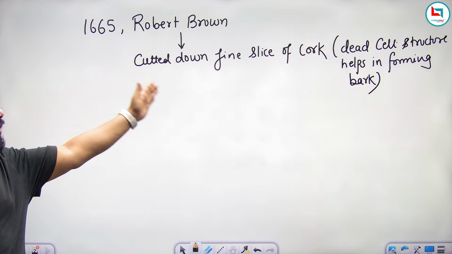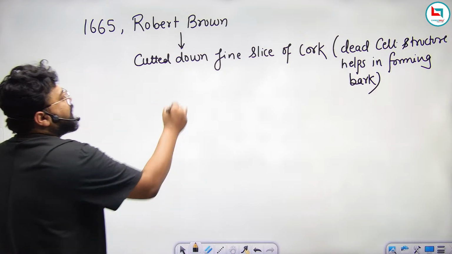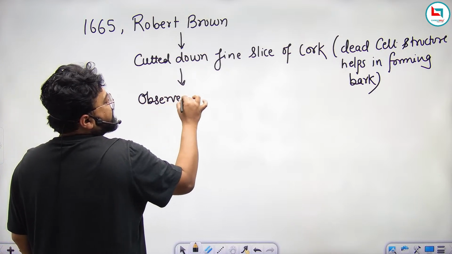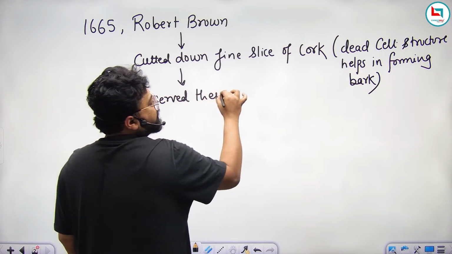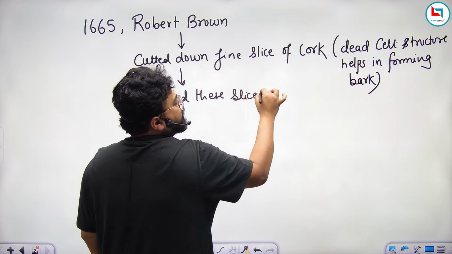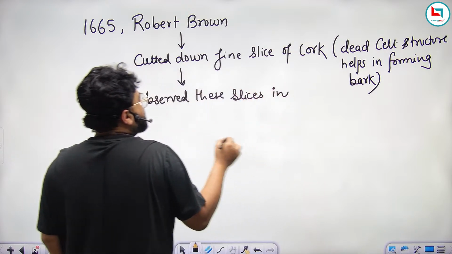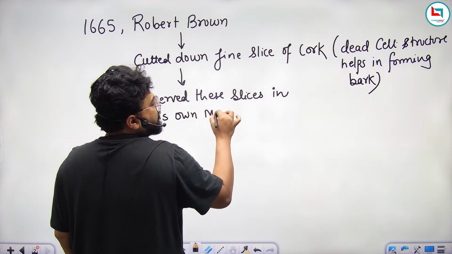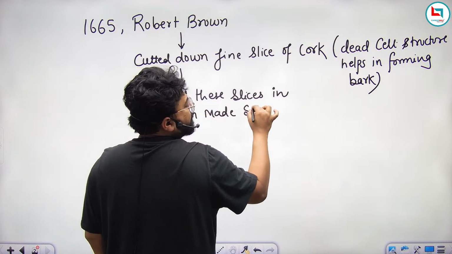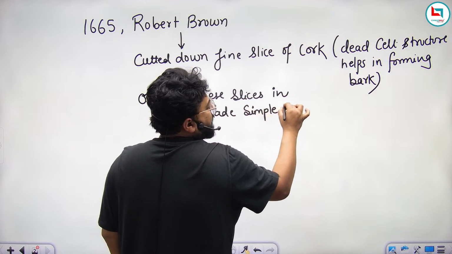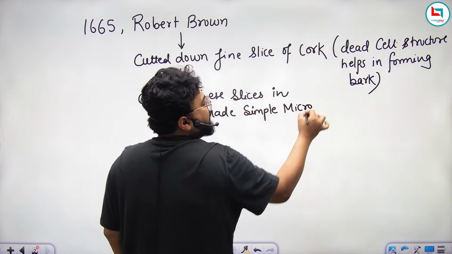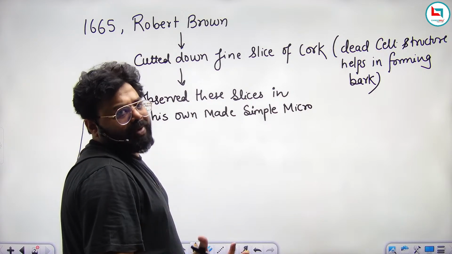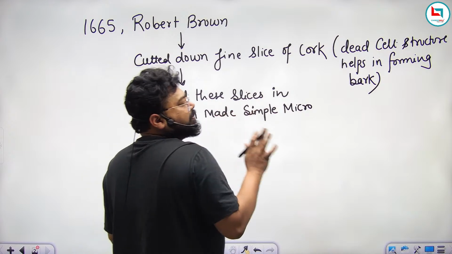So he cut the fine slice of cork and observed these slices in his own made simple microscope. Now, what is a simple microscope? If a microscope contains only one set of lens, only one type of lens, such a microscope is said to be a simple microscope.